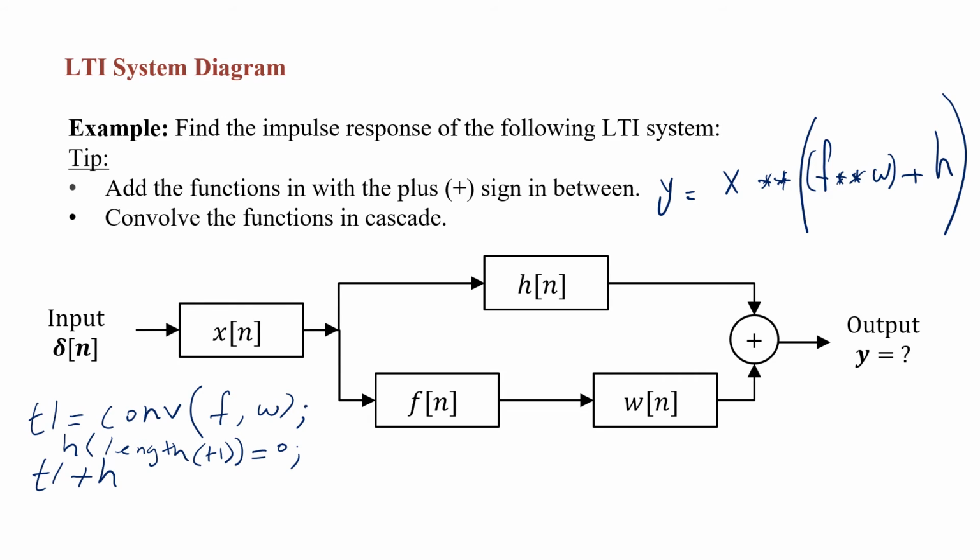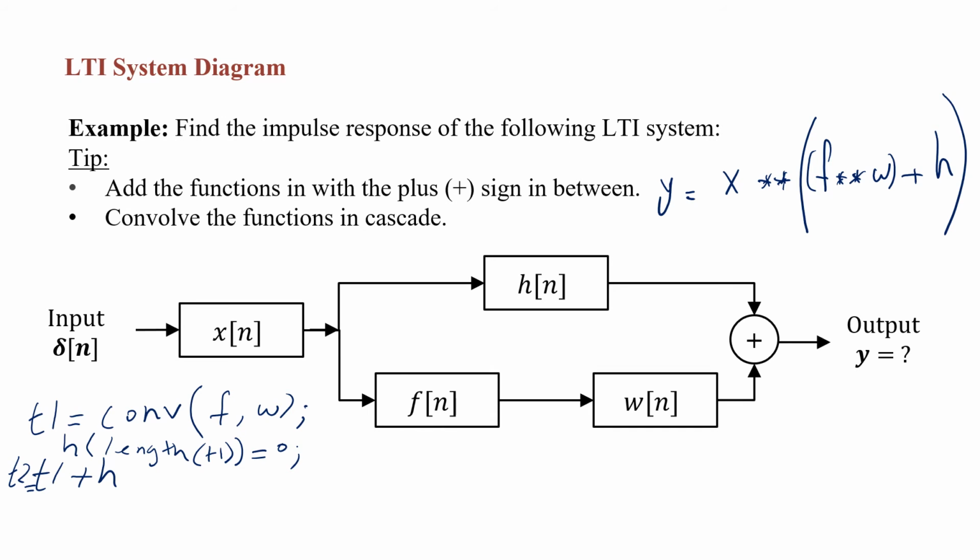This will ensure that the size of h becomes equal to the size of t1. I'm assuming that the signals x, h, f, and w have the same size. This way, when I convolve f with w, I'll get a longer signal. So now, adding t1 to h is possible, and I will store this in t2. So I will say t2 is equal to t1 plus h.